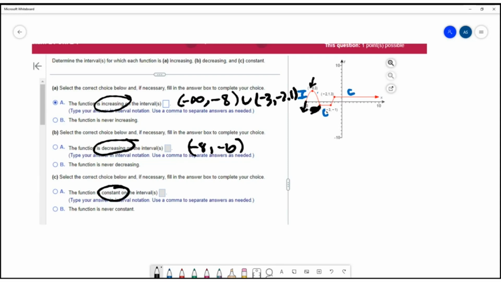Then we have an interval of constant from negative 6 to negative 3. And then this section right here starts at negative 2.1 and goes on forever. That's negative 2.1 to infinity.